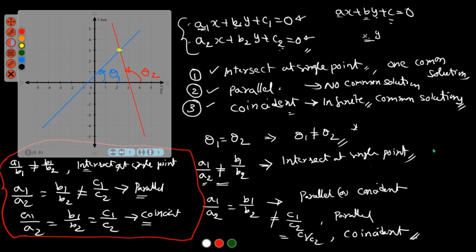So the coincident and the intersecting ones are the consistent pairs of linear equations, and the parallel ones with no common solution are the inconsistent pairs of linear equations.